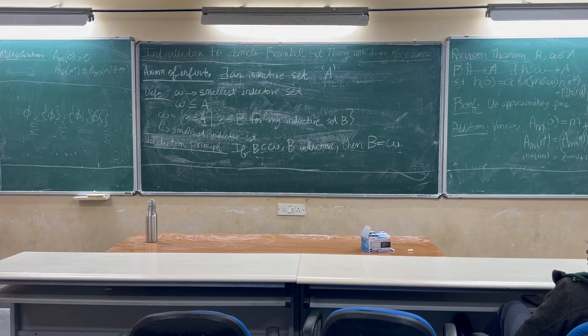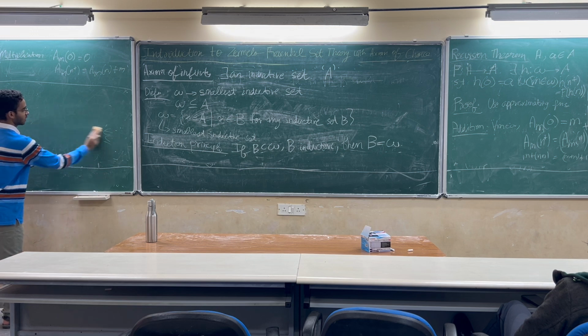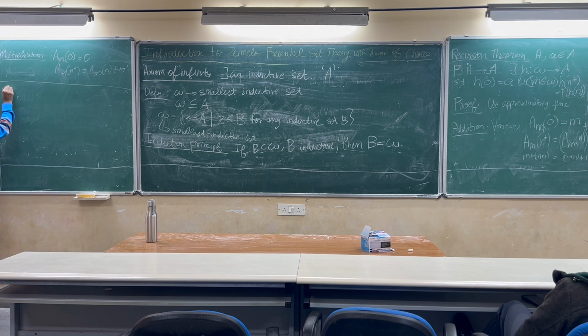We exploit this property to define ordering of natural numbers. So we define m to be less than n if m belongs to n. The definition of natural numbers gave us this property that the smaller natural number, what we wanted to be smaller, was the member of what we wanted to be bigger. So we just exploit that and use it to define the order.